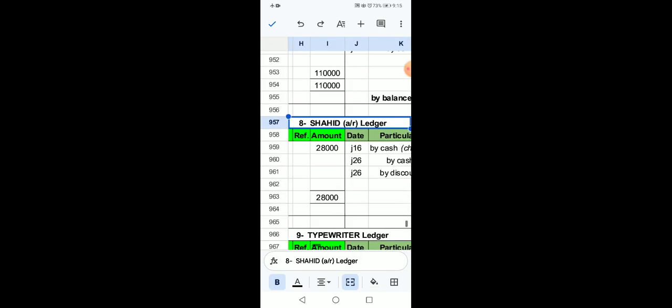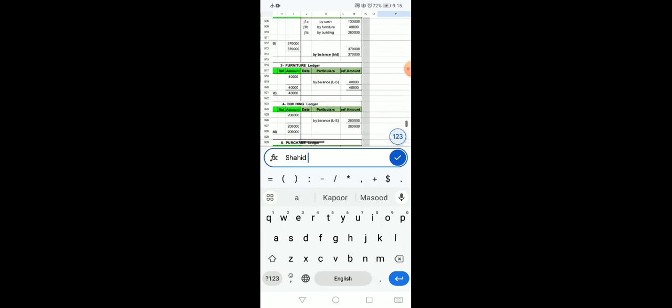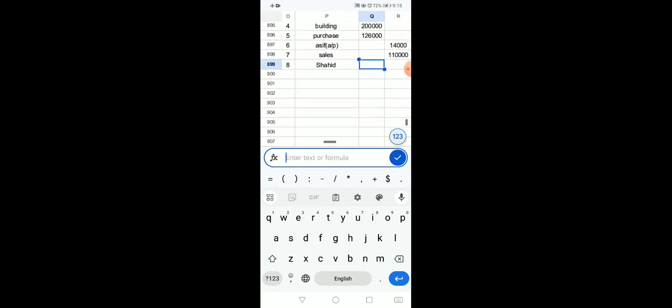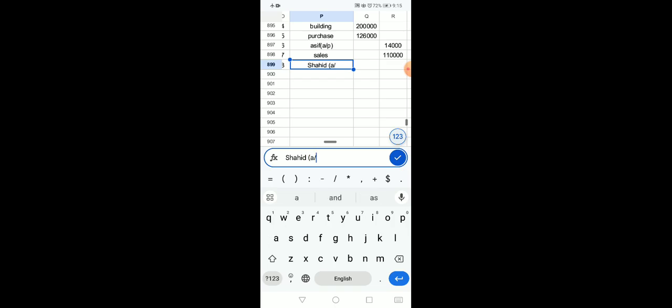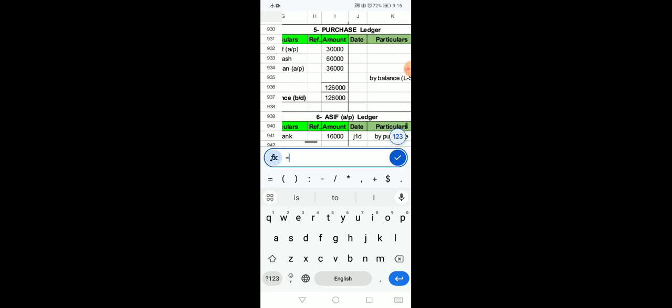It's time to post the eighth ledger. First we will see the title of the eighth ledger, and that is Shahid. You can see the eighth ledger is for Shahid. So write down the title, but we'll have to see whether Shahid was account receivable or payable. Yes, he was your account receivable. So you will mention over here as well, account receivable. Now let's see what the balance of Shahid is and where the balance is brought down.